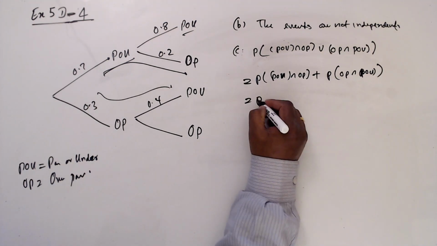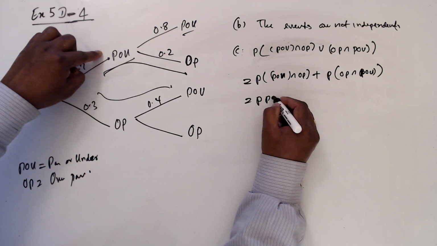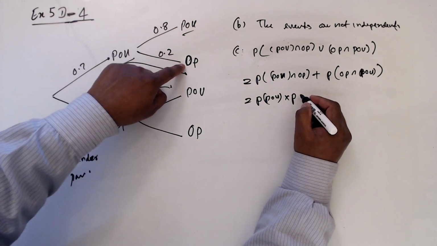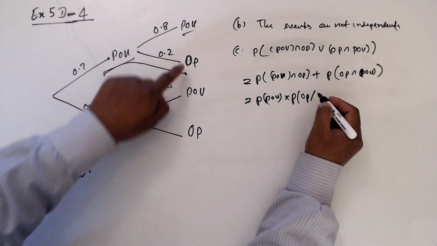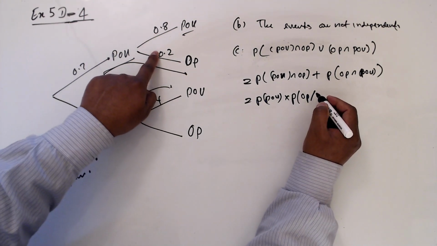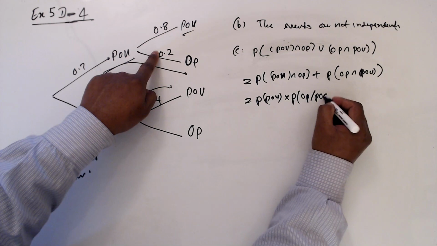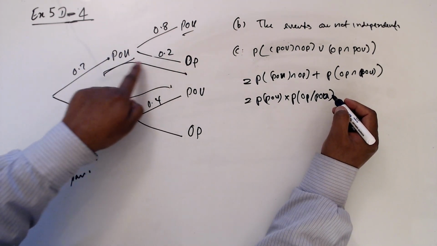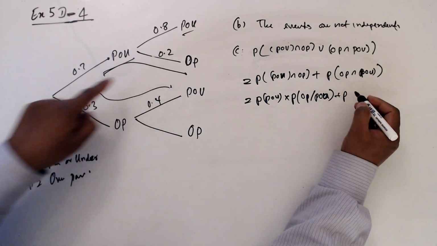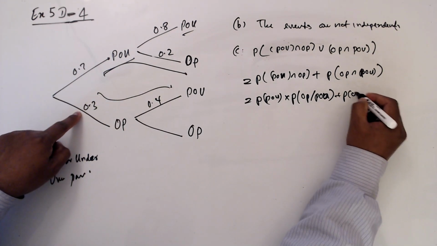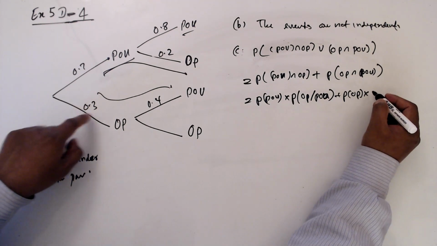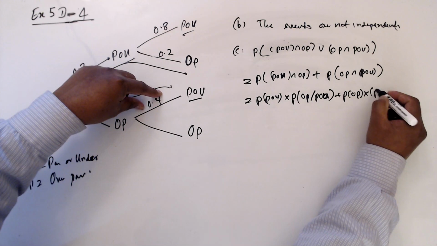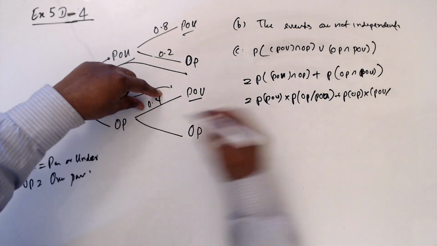So this is probability of POU times probability of OP given POU, plus probability of OP multiplied by probability of POU given OP.